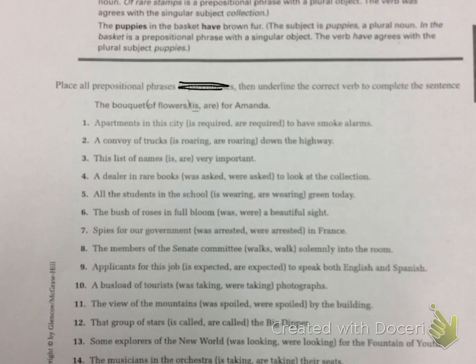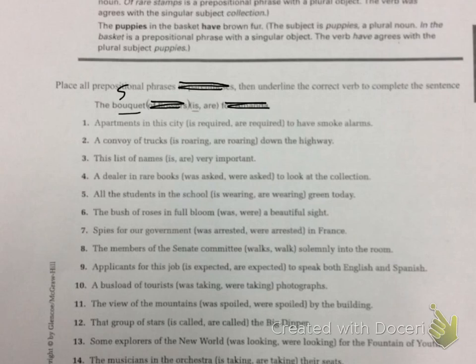But if we look at the example, the bouquet of flowers, is or are for Amanda? Well, of flowers is a prepositional phrase. For Amanda is a prepositional phrase. And you might think, but now it says the bouquet is or are, and that doesn't make sense. We're not saying we're taking the prepositional phrases out of the sentence entirely. The prepositional phrase is helping us understand what's happening, but we are getting confused that flowers is the subject when really bouquet is the subject.